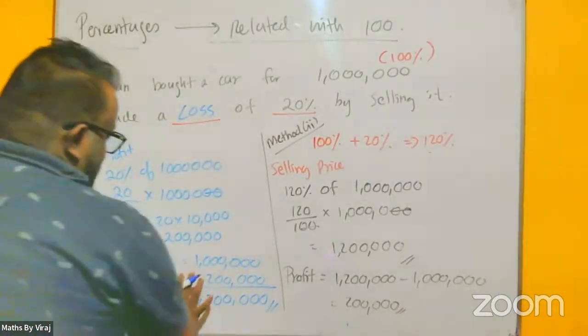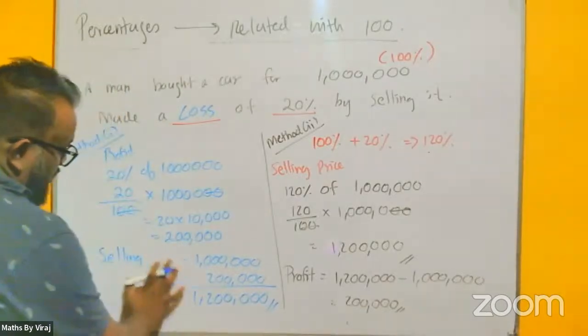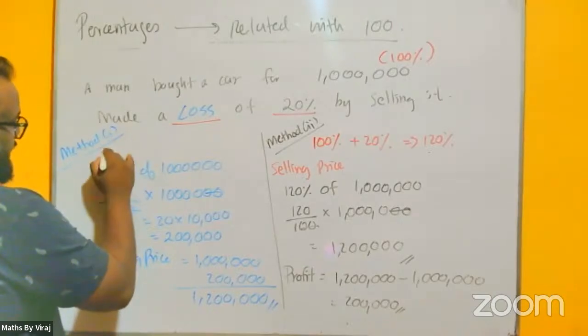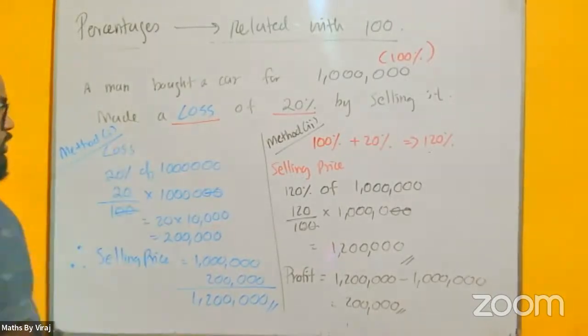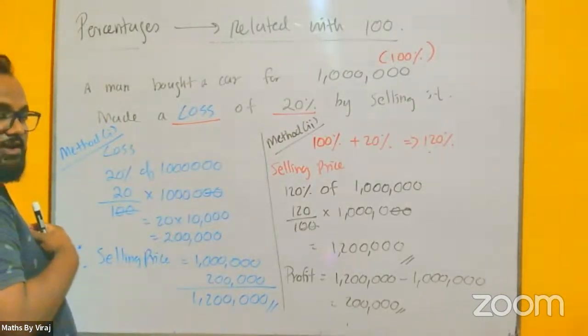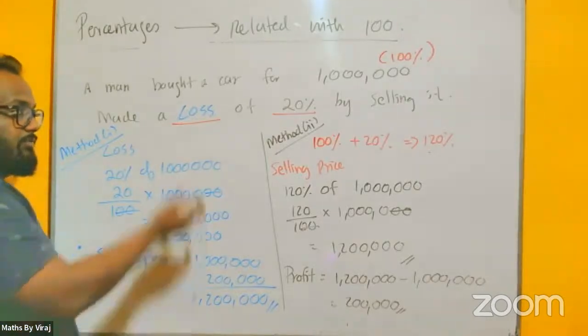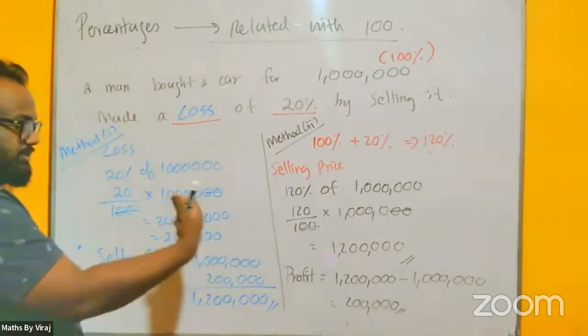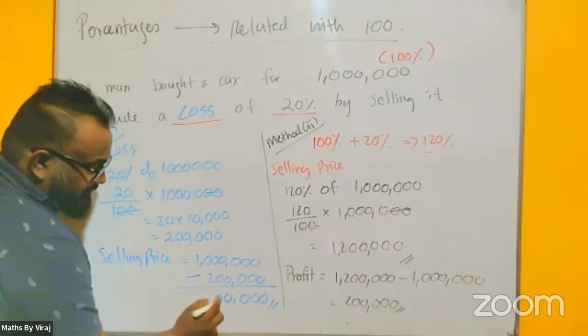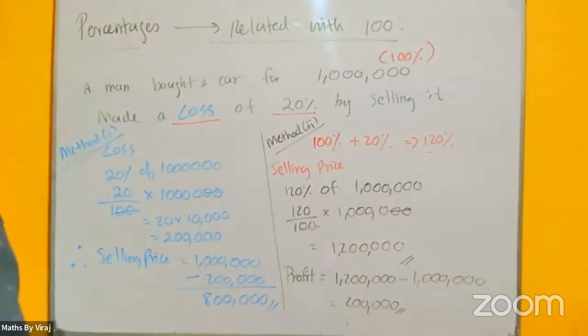Again, in this particular instance, how am I supposed to find the loss? Again, what is the percentage loss? 20% of this amount. So what is the selling price now? If I have made a loss from 1 million, I have reduced the amount that I have made a loss. Therefore, the answer is 800,000. That is our selling price.